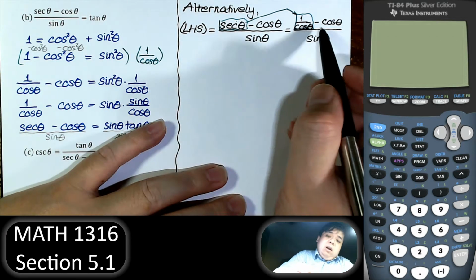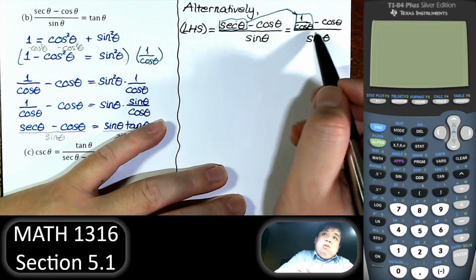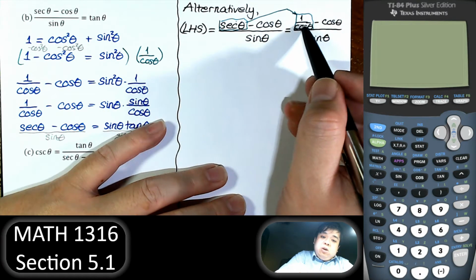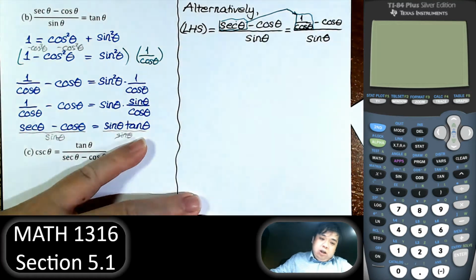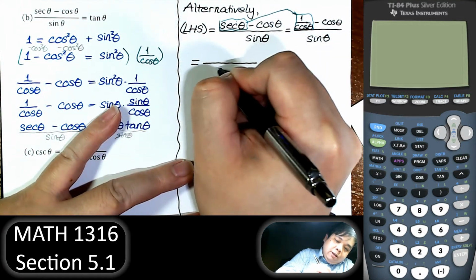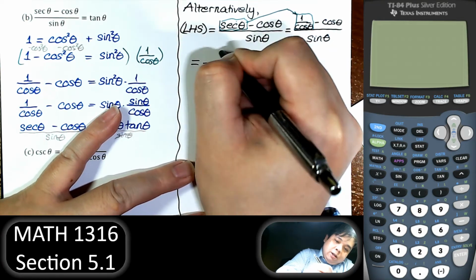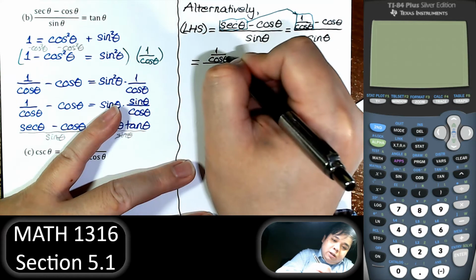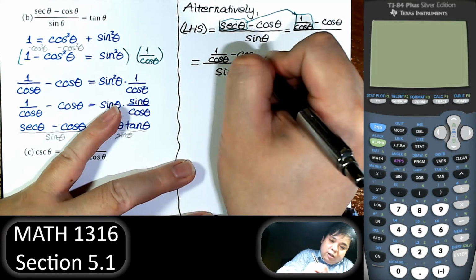Now, to simplify this fraction, I will multiply top and bottom by cosine, because cosine and cosine will cancel out. So next step is one over cosine minus cosine.